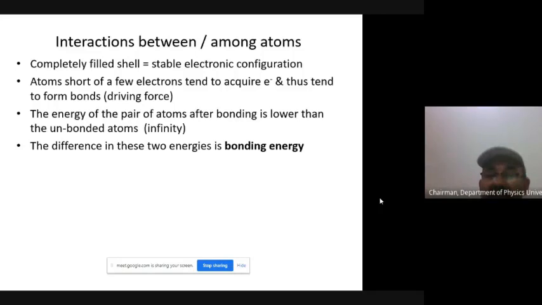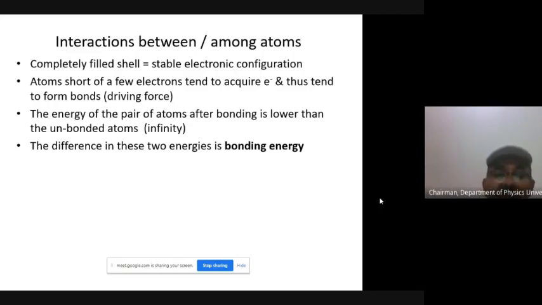Stable electronic configuration means that the electron cannot be easily removed, or cannot be easily accepted, because the outermost shells are filled completely. So neither will the atom easily give away or get an electron, and bonding in such atoms will not be that easy. Atoms short of a few electrons tend to acquire electrons, thus tend to form bonds.